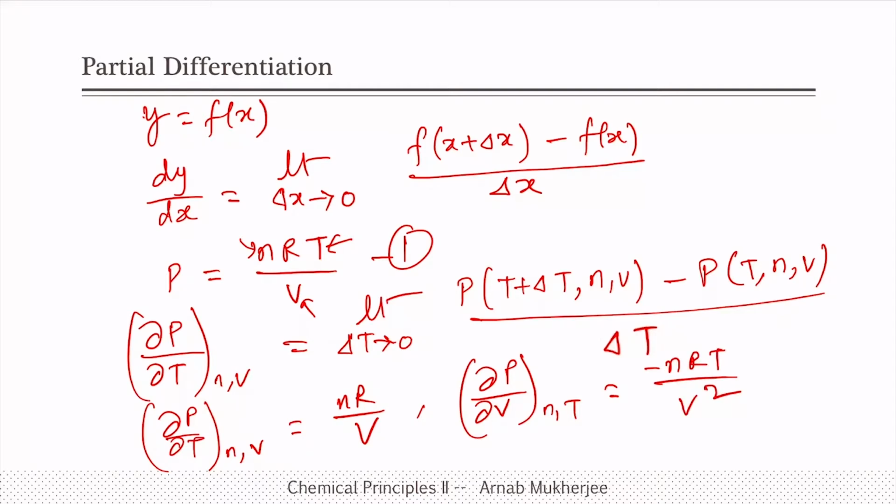I assume that you know how to do differentiation from 12th standard. In partial differentiation we just take the other variables as constant, nothing else, and that will help us carry out the changes with respect to one particular variable.